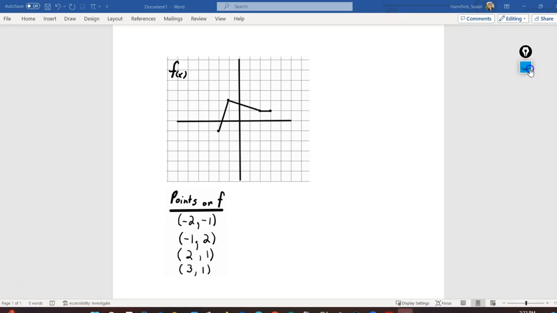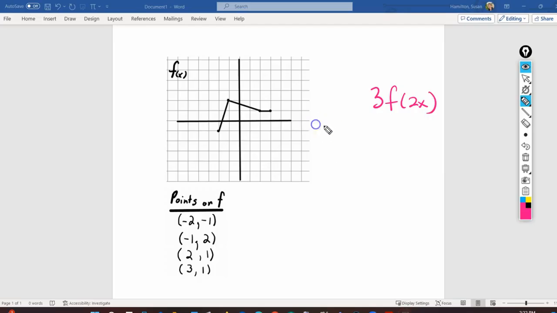And finally, what if you're told to find something like that? Okay, well, this is the last one on the chart, but it's actually made up of the previous two cases together.